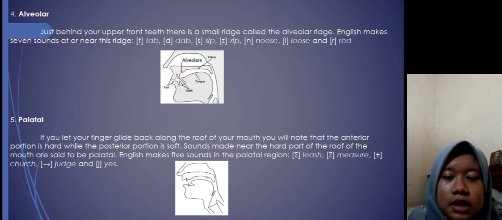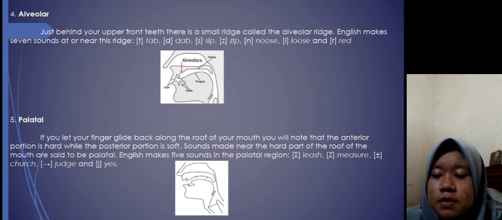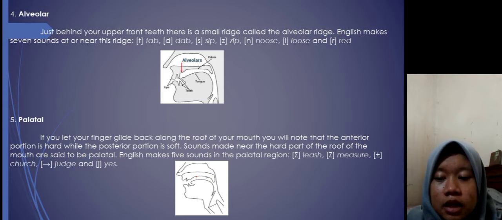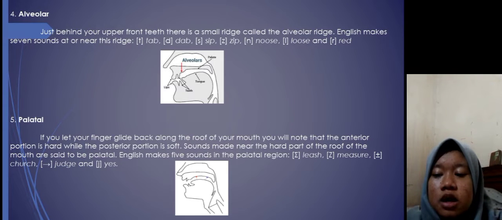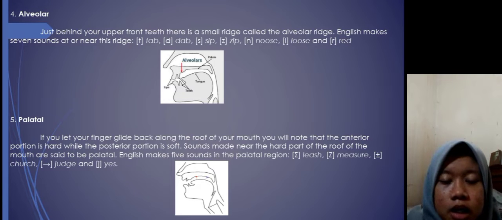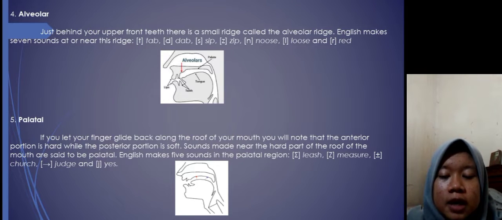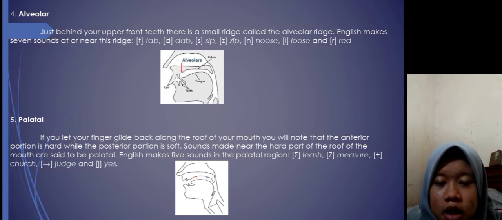And number four is alveolar. Just behind your upper front teeth, there is a small ridge called the alveolar ridge. So this consonant can be articulated with the tip of the tongue touching the back of the upper teeth or palate.